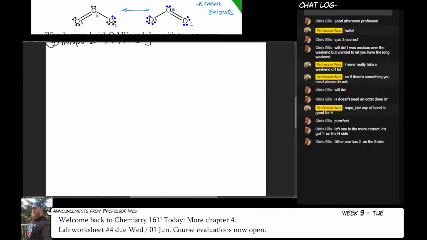What I'm going to do is look at a position in our molecule. Let me get a different color here. So I'm going to look at this position right here, and we're going to calculate the average bond length. Or sorry, bond strength, we'll say, because we're counting numbers of bonds. And so what we do is we calculate like this. Number of bonds divided by number of resonance structures.